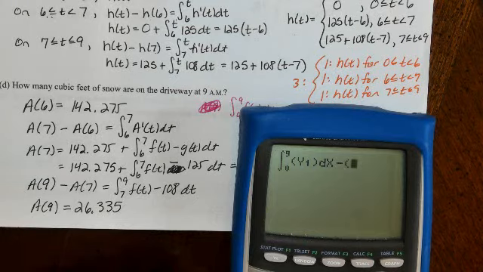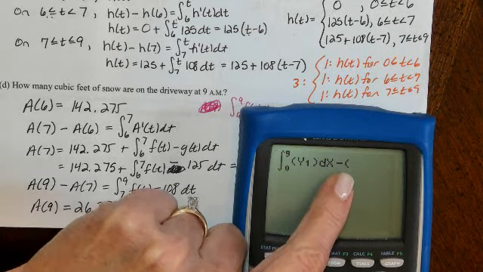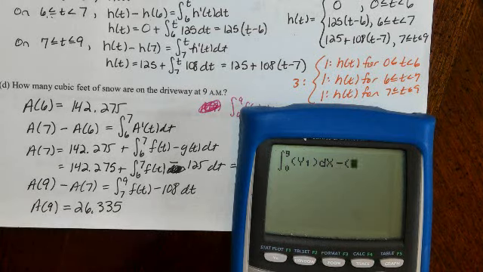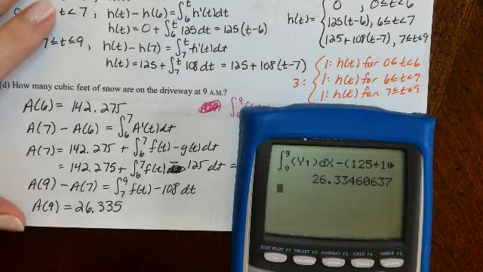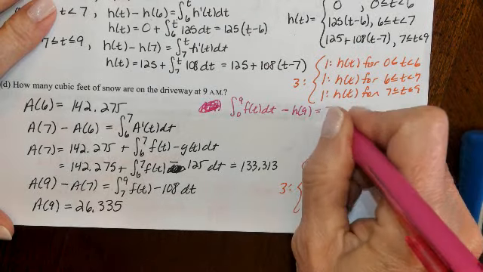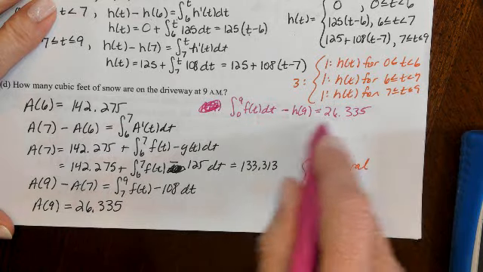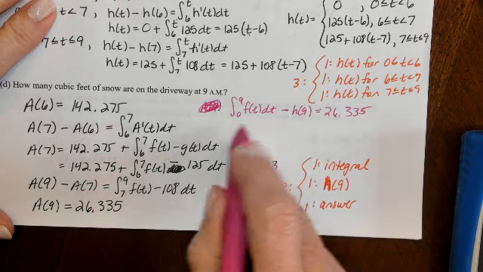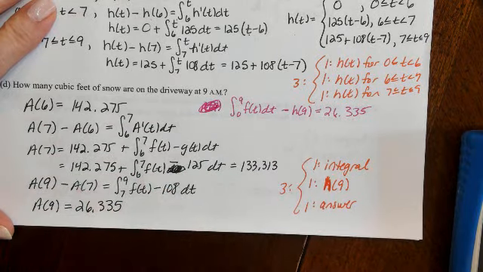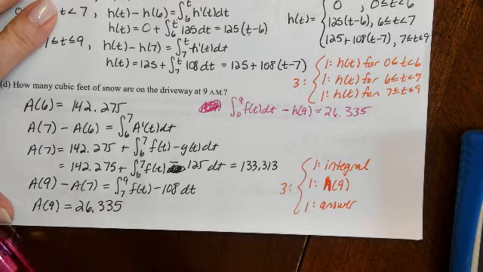I'm going to put this in parentheses since I'm subtracting the amount that was removed. 125 plus 108 times 2. And I get the same answer that I got. So, wow, okay. I'm really hoping somebody else did it like this, and then you can say, ha, I did it a much more elegant way than Mrs. Murray did. Both ways work though, so hey.